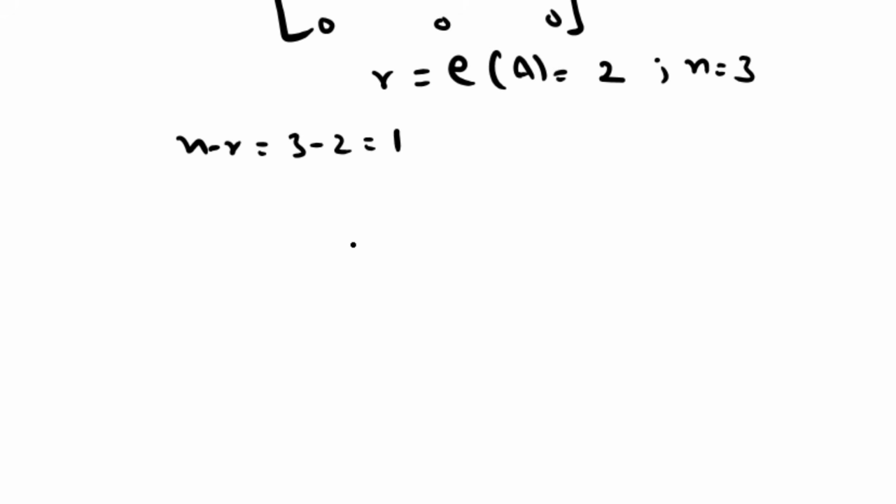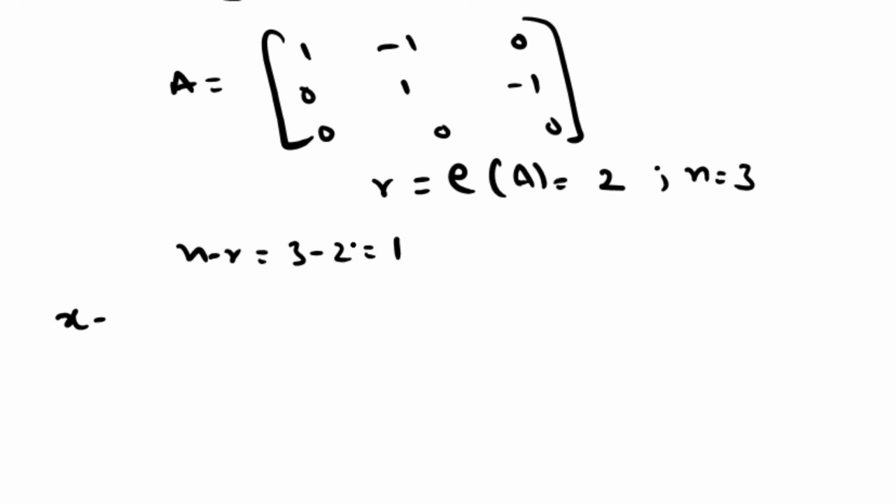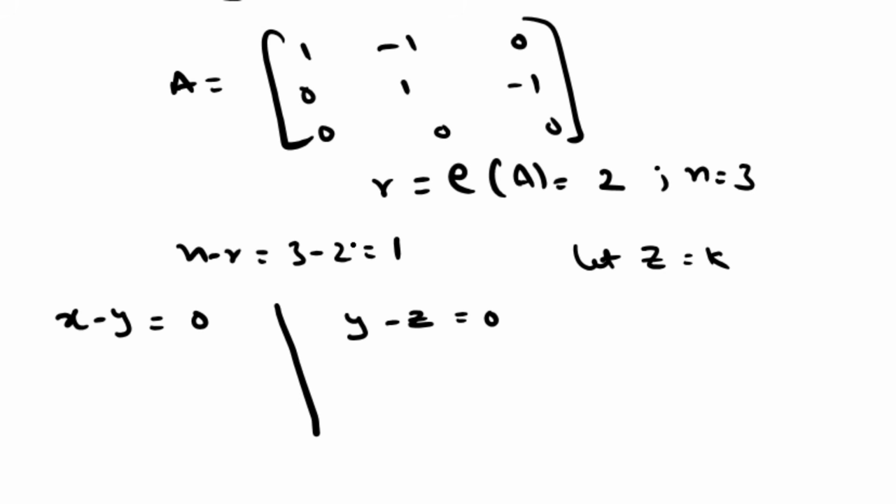Therefore one eigenvector corresponds to this eigenvalue from this matrix. x minus y is equals to 0, first one. Second one is y minus z equals to 0. Let z is equals to k. Therefore y minus k is equals to 0, y equals to k.